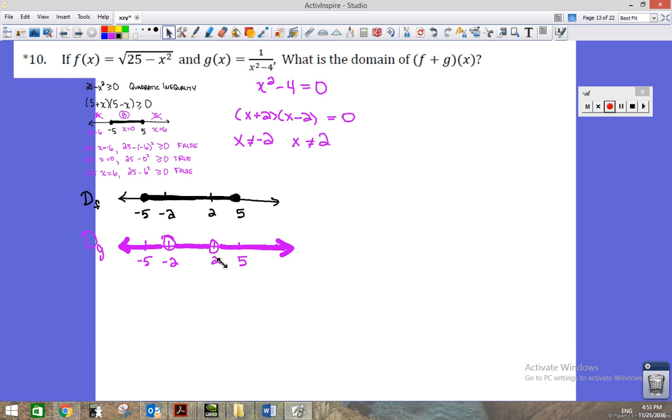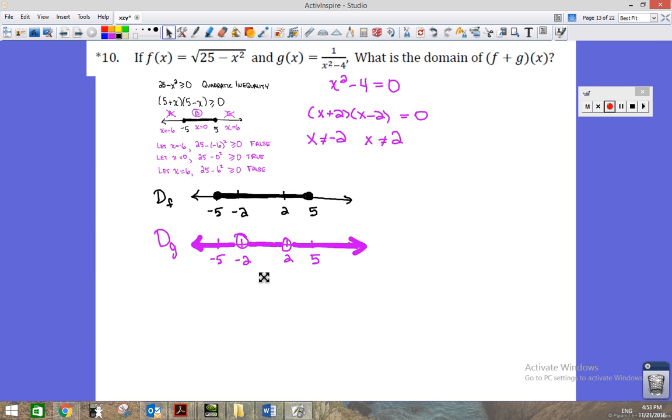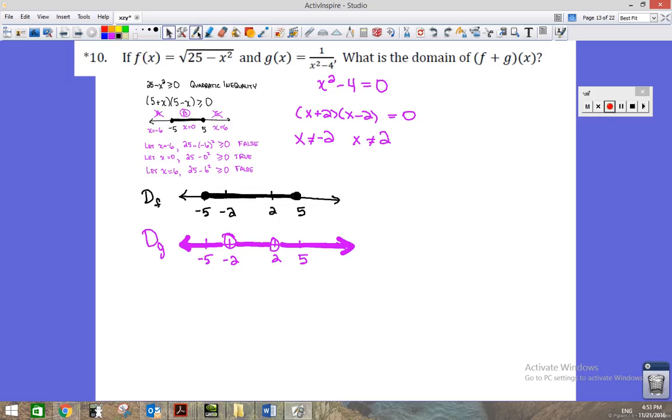Well, now I'm ready to find the intersection of these two sets. To be in the domain of f plus G, you have to be in the domain of f and you have to be in the domain of G. So if I draw a picture here and include these numbers -5 and -2 and +2 and +5, is -5 in both domains?